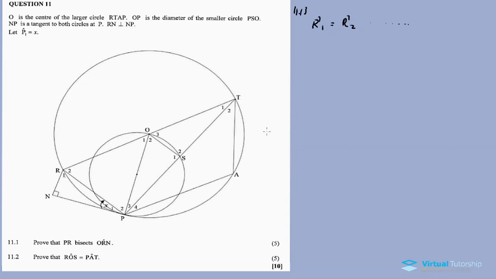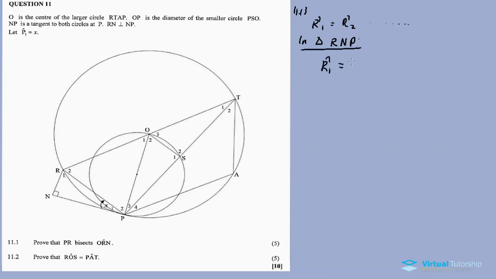The first angle, R1, I can calculate as 90 degrees minus X. So let's start off with R1. In triangle RNP we can find R1.